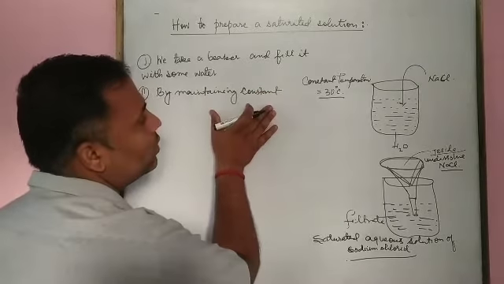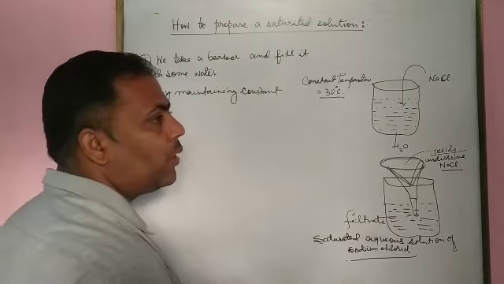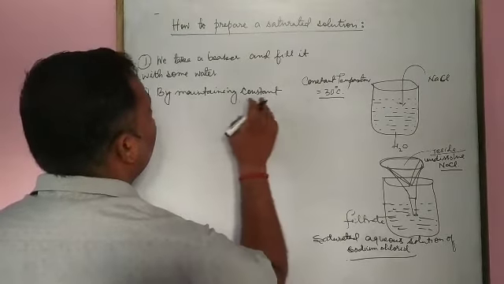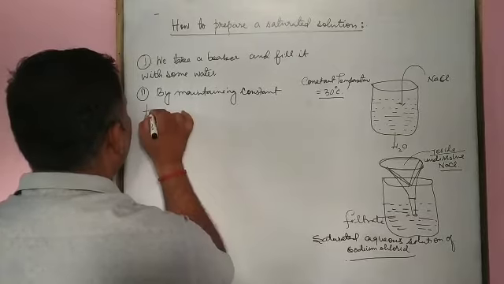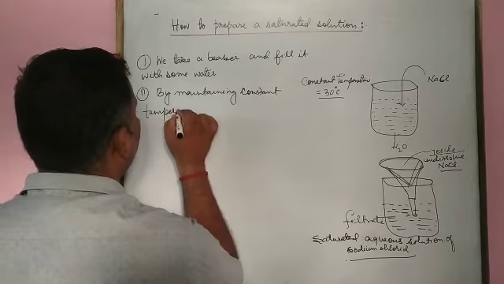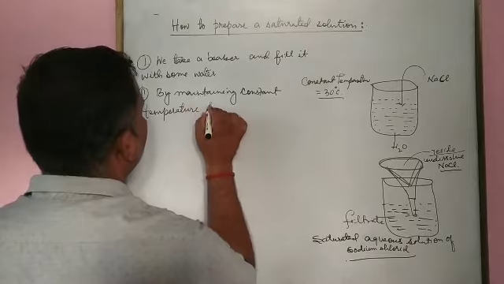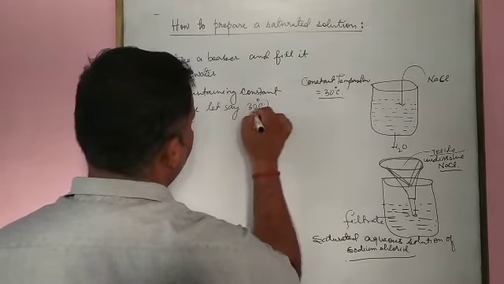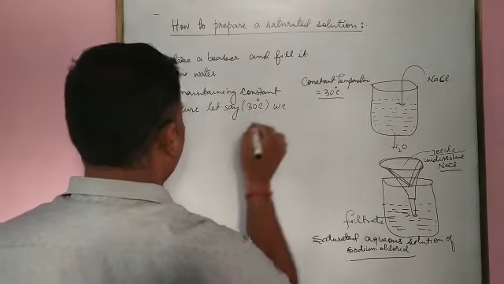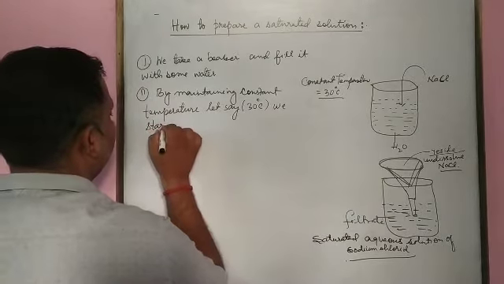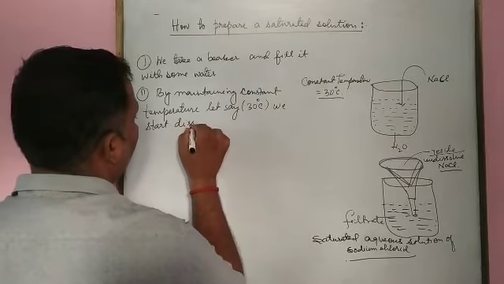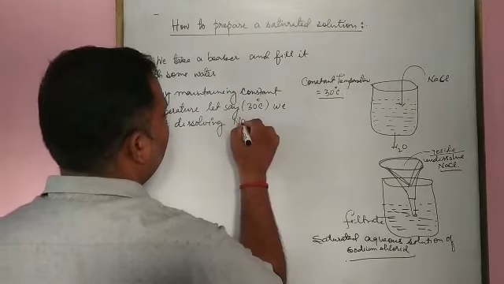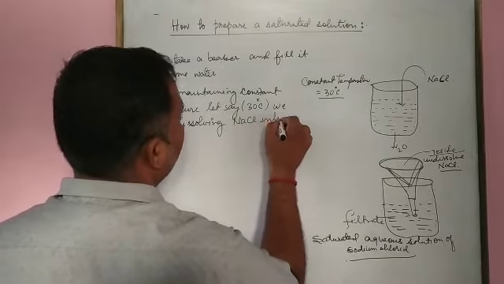Why is the temperature constant? Because we know temperature has an effect on solubility. Therefore, by maintaining a constant temperature, let's say 30 degrees centigrade, we start dissolving NaCl into water.